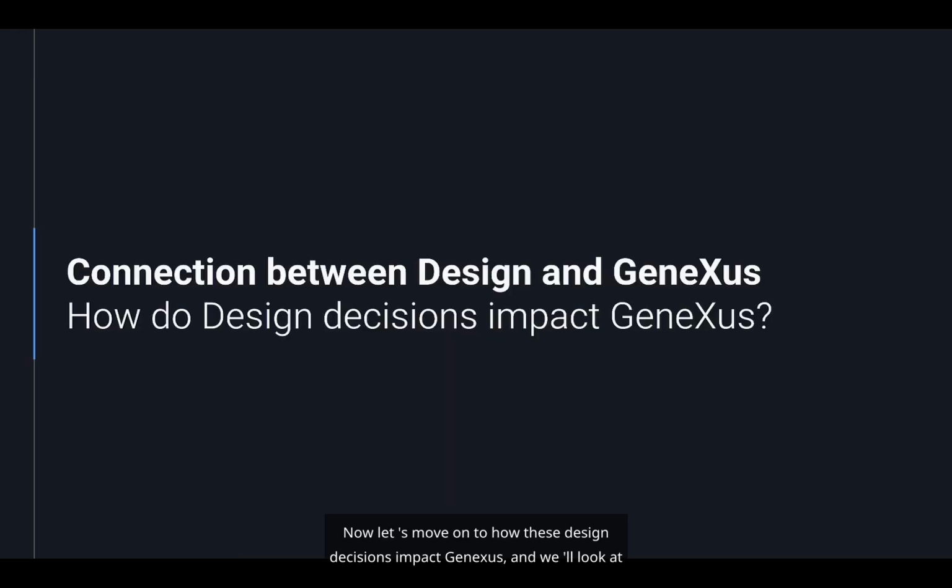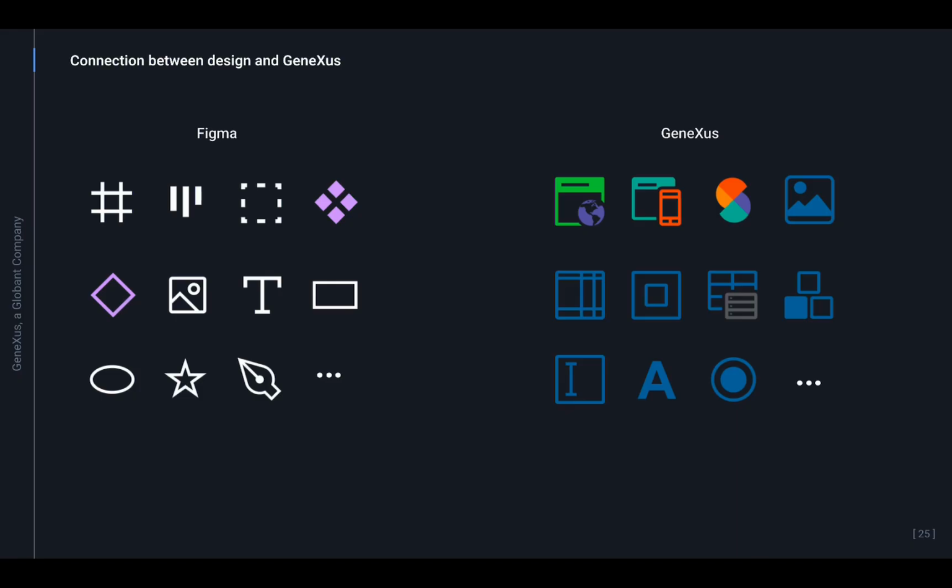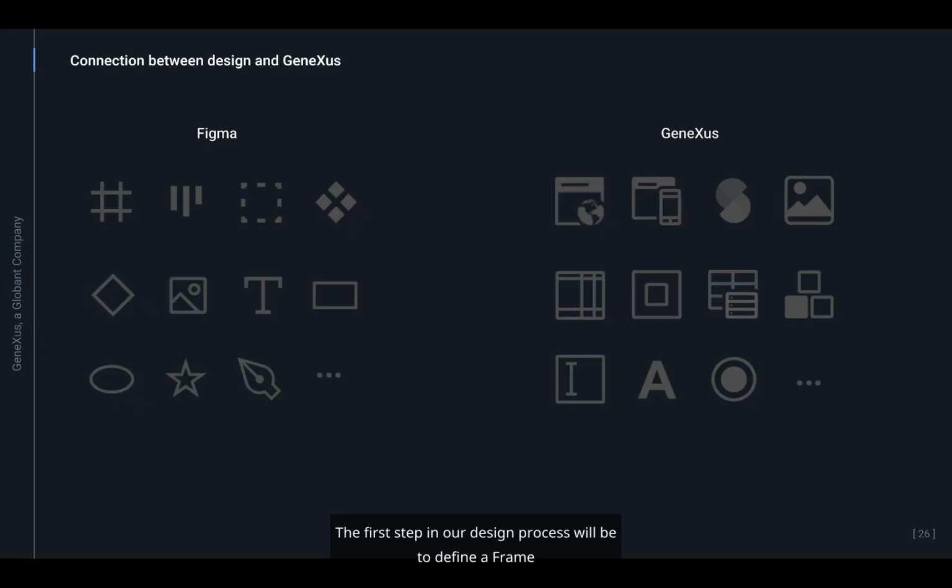Now let's move on to how these design decisions impact GeneXus, and we'll look at it through some simple examples. Every element we include in the design has its equivalent in GeneXus, and it's important to understand this connection and relationship. The first step in our design process will be to define a frame to later draw the screens.